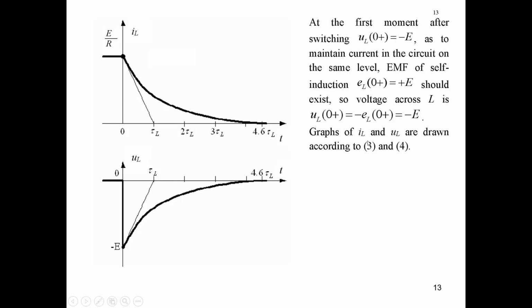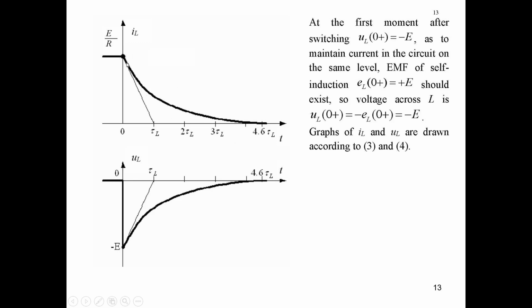So let's draw graphs of these values of current and of voltage drop. As for current, we know that before commutation it was equal to E over R. It is here, yes? And when t tends to infinity, this current will be equal to 0. Between these two values there will be smooth transient processes.